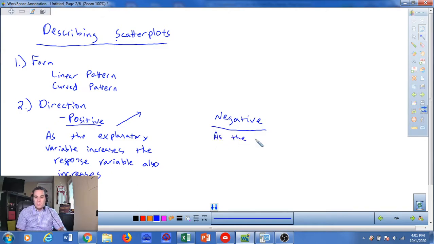As the explanatory variable goes up, so I see explanatory variable increases, the response variable decreases.